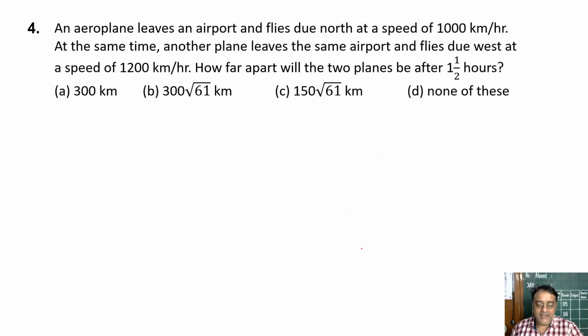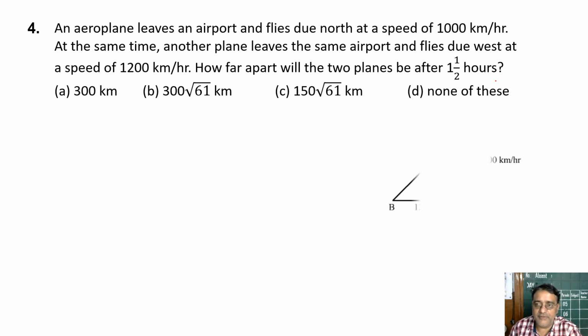An aeroplane leaves an airport and flies due north at a speed of 1000 km per hour. And at the same time, another plane leaves the same airport and flies due west at a speed of 1200 km per hour. How far will the two planes be after 1.5 hours?